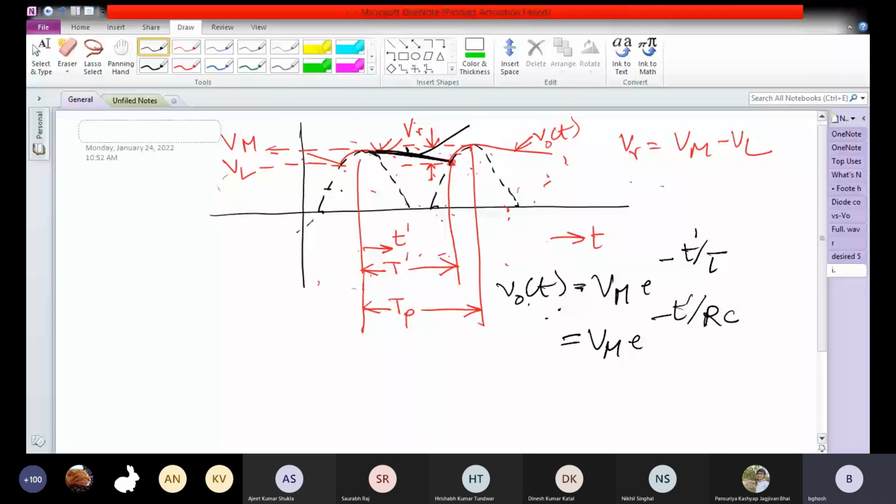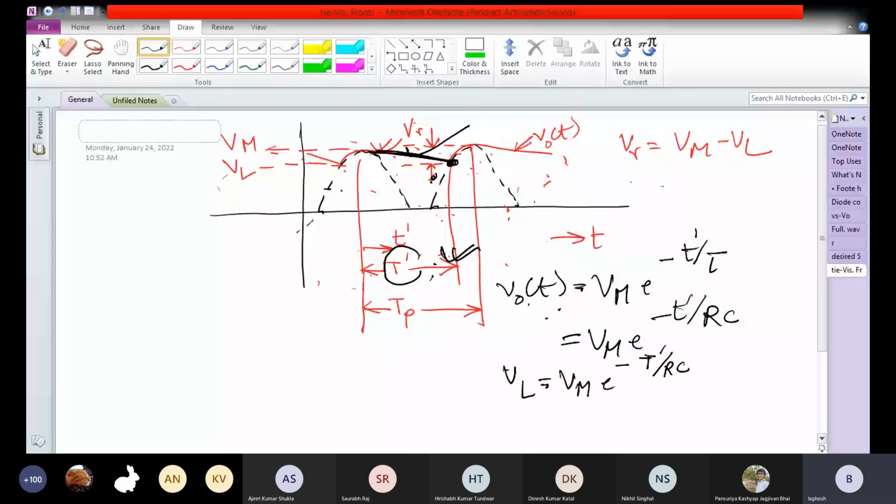Now, if I have to find out VL, we know that VL is the minimum voltage. So that is equal to Vm e to the power minus t prime by RC, because the time taken to reach the minimum voltage is capital T prime here. So the voltage VL falls here, and the time elapsed is capital T prime here.